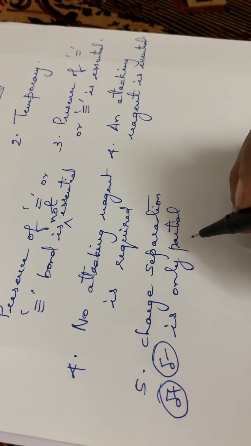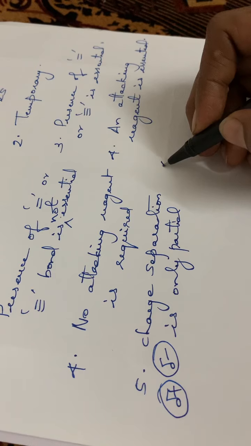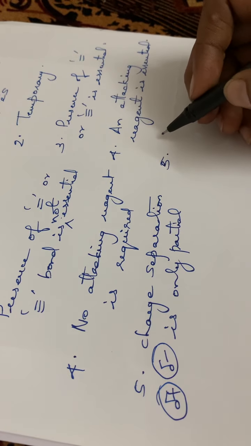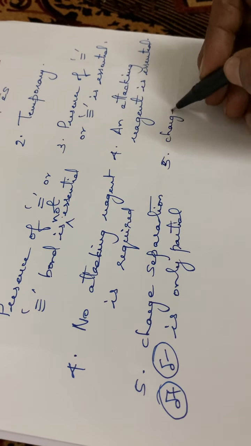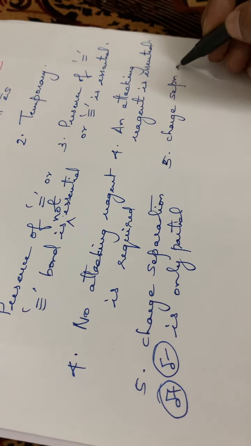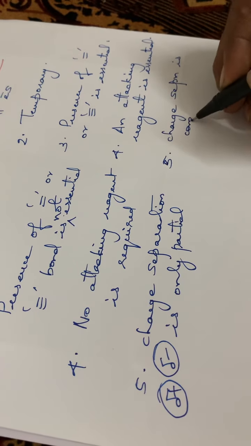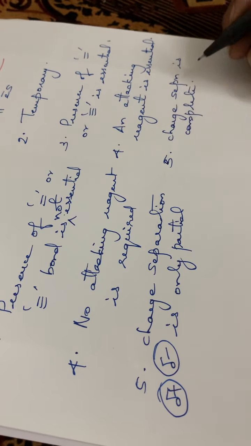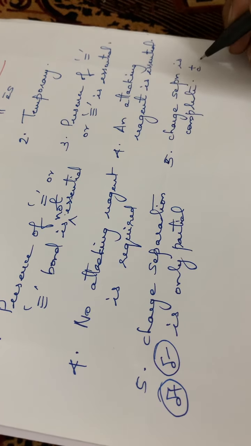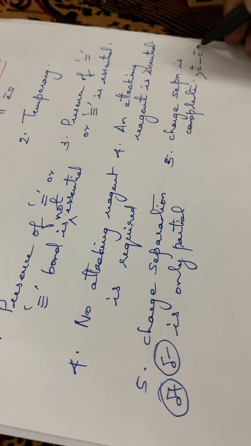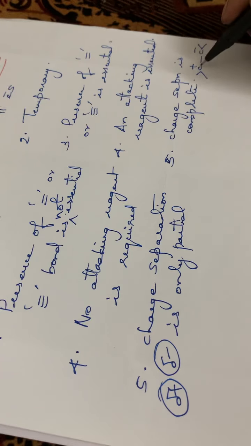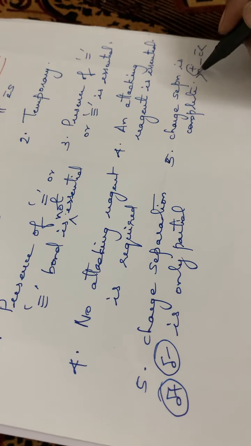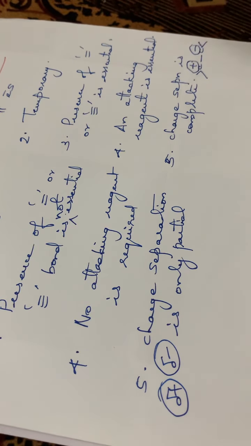No complete charge separation is there. But in the case of this electromagnetic effect, charge separation is complete. That is, we will be writing as C plus and C minus, isn't it? In the product, we will be writing as C plus and C minus. That means a complete charge separation is going on. Okay.